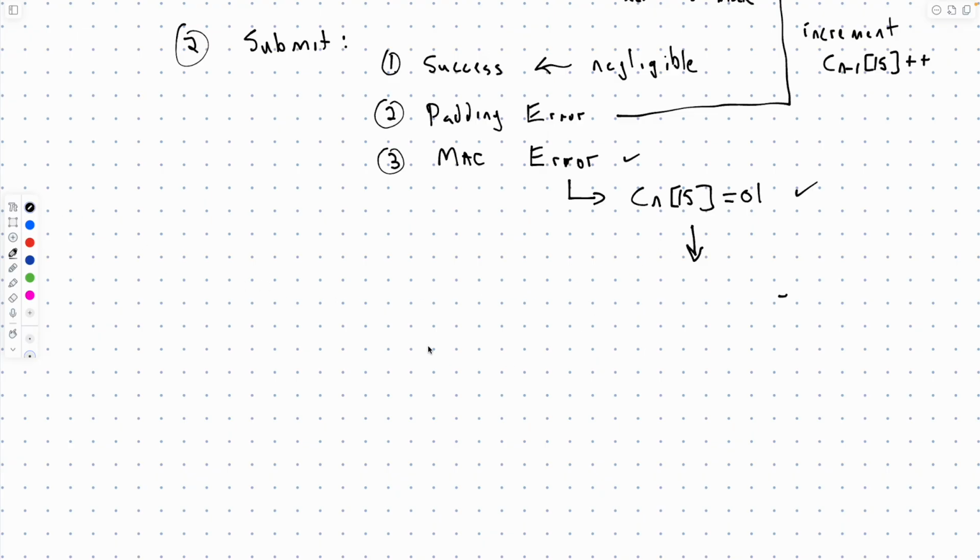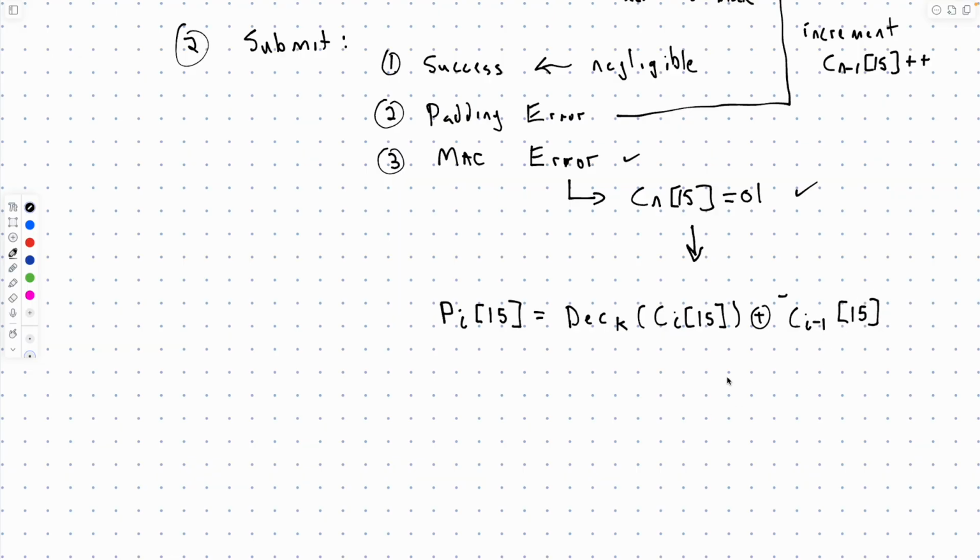P_i[15] equals the decryption under the key of C_i[15] XORed with C_{i-1}[15].